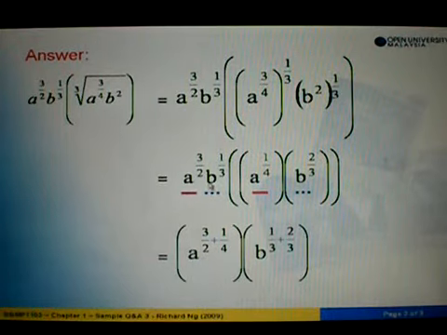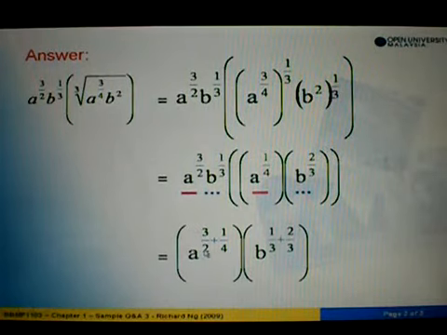Okay. And then for b to the power 1 over 3 times b to the power 2 over 3. So b times b, the power we add. So we take 1 over 3 plus 2 over 3. So from here, when we simplify, 3 over 2 plus 1 over 4. So we change 3 over 2 to 6 over 4.